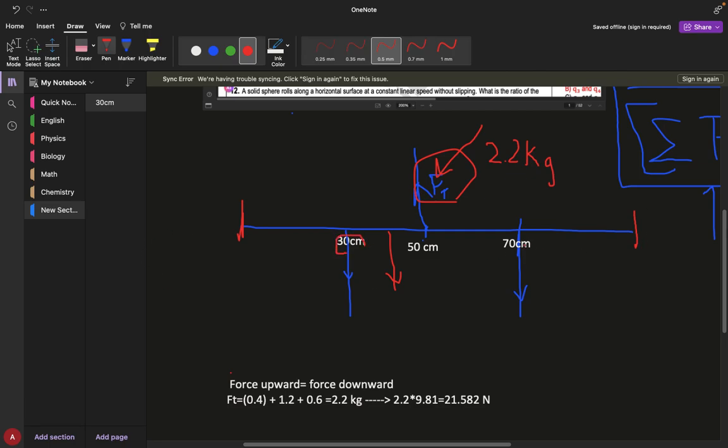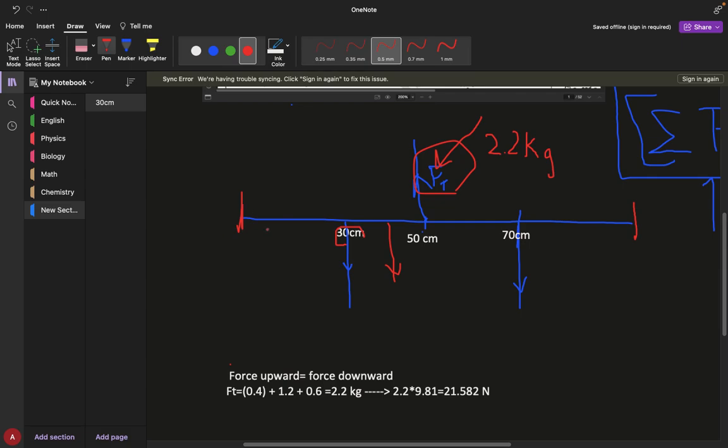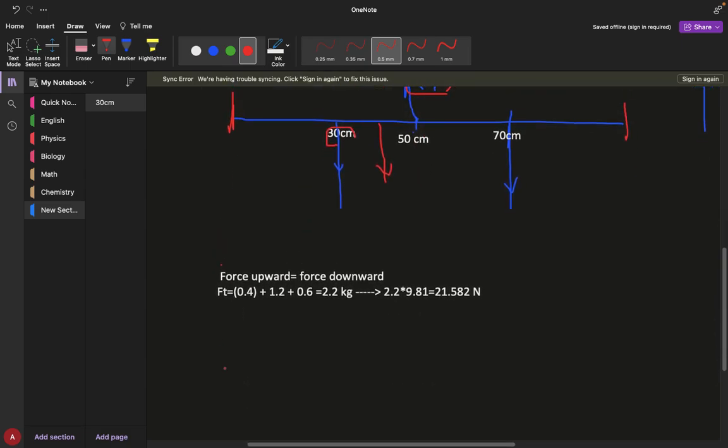If you do it the other way around, you're going to be correct too, because then for this 30 centimeter you would pick 70, and for this one 30, and this one 0.5. Same thing. I just would love to start from the left.